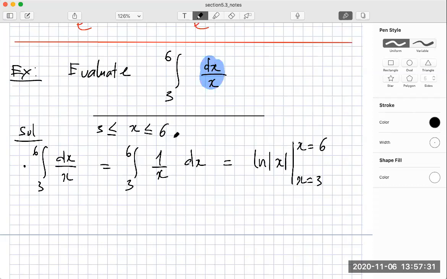Is it positive or negative? Yeah, positive. So we can ignore the absolute sign right here, right? Ln of absolute value of x, when x is positive, it would be ln of x, right? The same thing. Okay. But we should pay attention on this because you see it later.